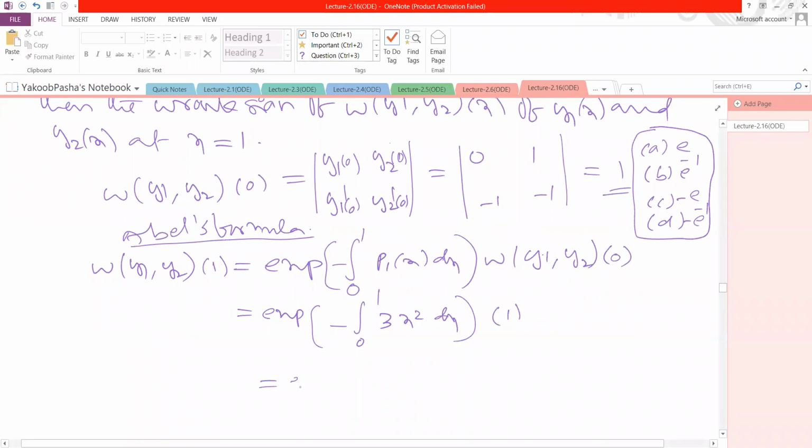Now this is equal to exponential of minus the integration of 3x², which is x cubed, the 3 cancels, with limits 0 to 1. Exponential of minus 1, since upper limit gives 1 and lower limit is 0. So exponential means e power, that is e power minus 1. E power minus 1 is the right option. That is option B is the right option.